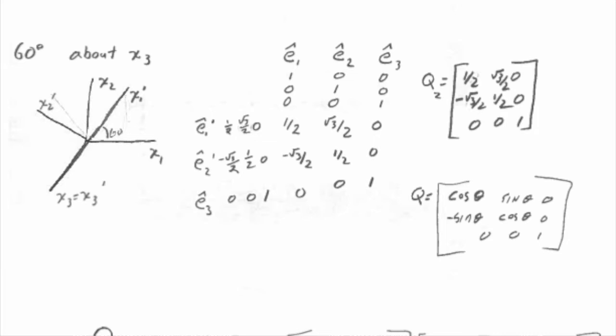What's that? Square root of 3 over 2, right? E1 prime and e2 is 30 degrees, right? So the cosine of 30 degrees is going to be 1/2.